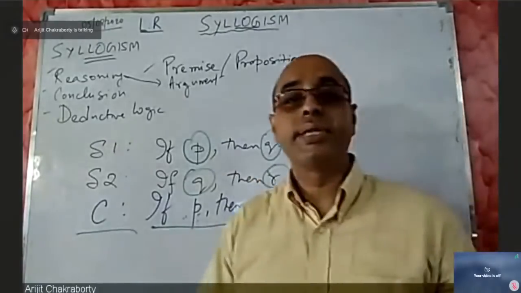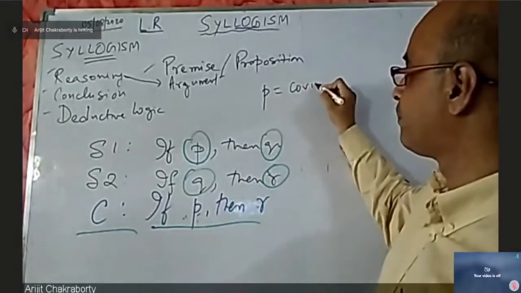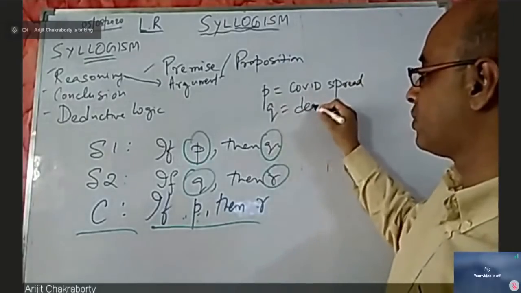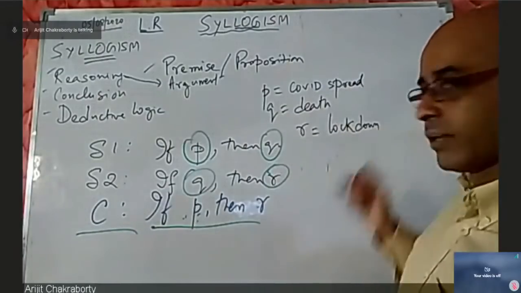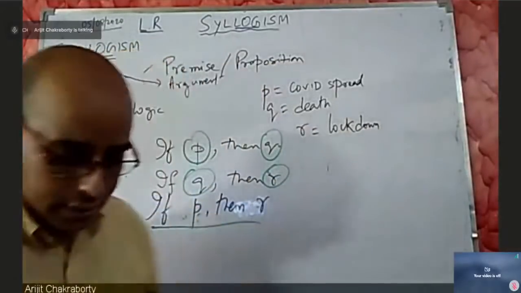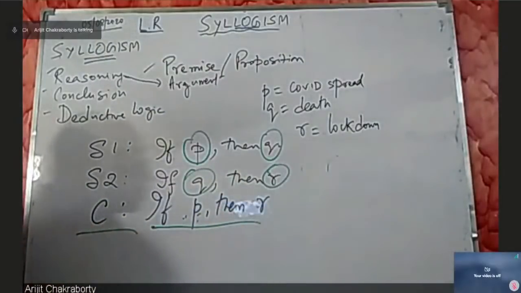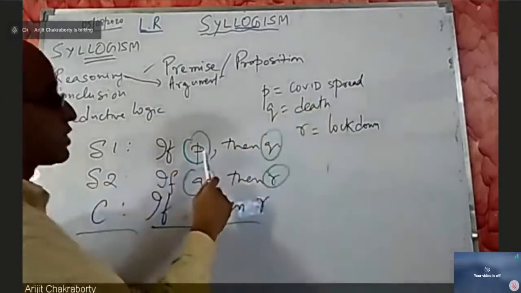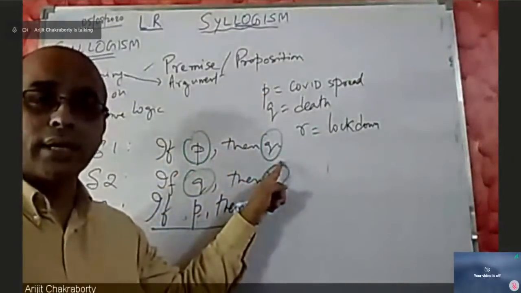Q is death. Okay, so let's write once again. P is spread of COVID. Q is death. And R is lockdown. Okay, so I'm taking an example from real life, not from any book. So if P then Q, if Q then R, therefore the conclusion is if P then R. So if COVID spreads further, then deaths will increase.